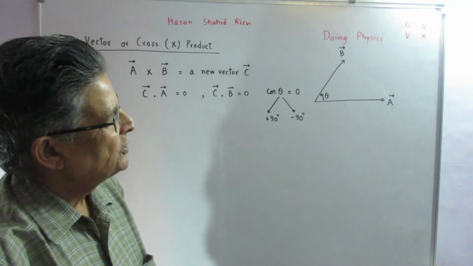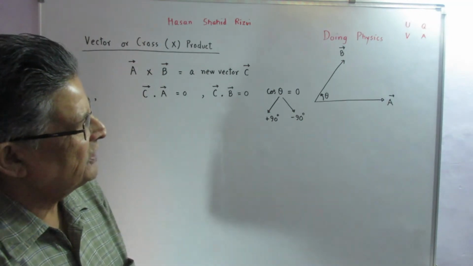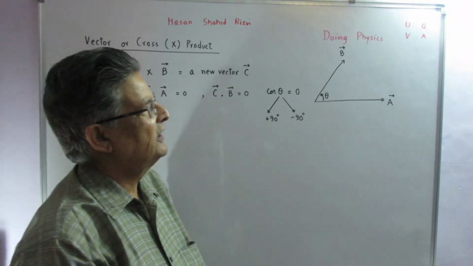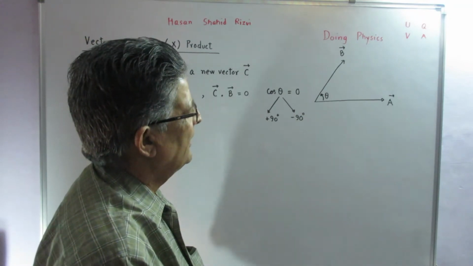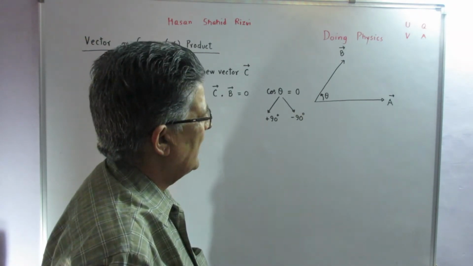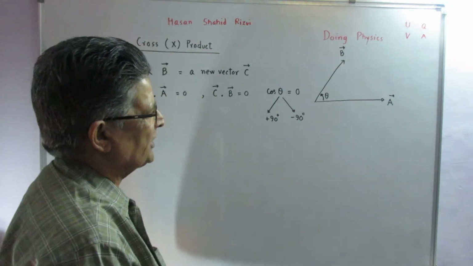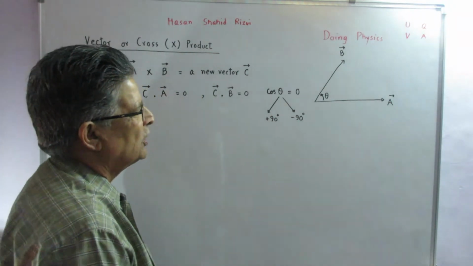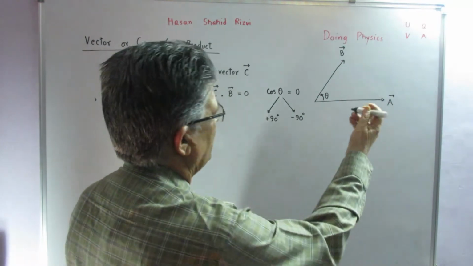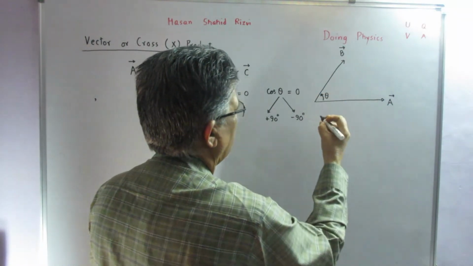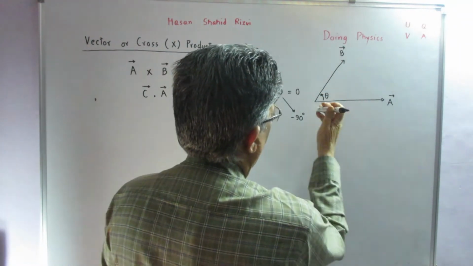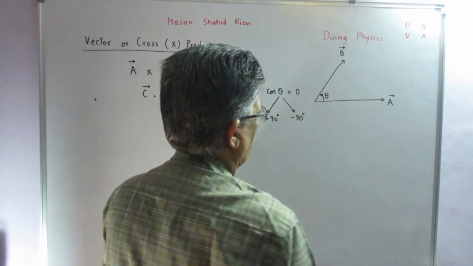Okay, so here let us try to convey to each other what is the direction of this. In this case, for a cross b, the direction will be a vector which I obtain like this.